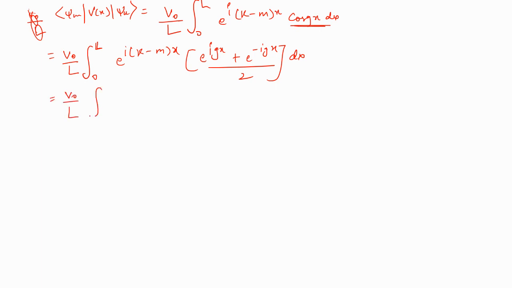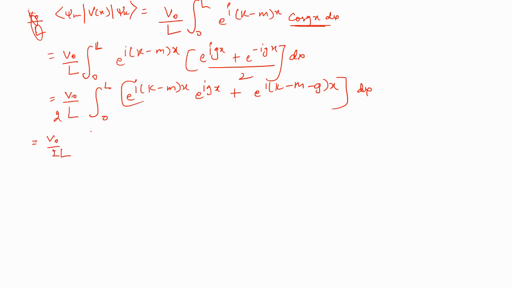Then V naught by 2L, 0 to L, e raised to the power iota k minus m plus g x plus e raised to the power iota k minus m minus g x dx.